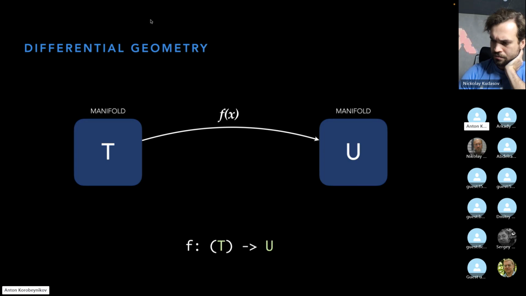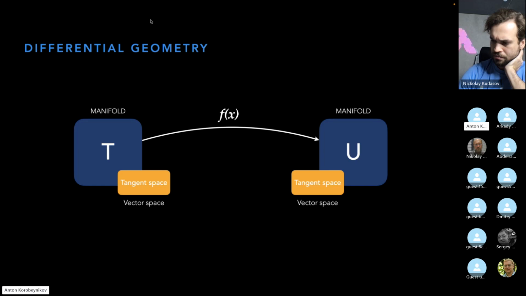We know from differential geometry that in such a case, they will have an associated vector space called the tangent space at each point of this manifold. When we do differentiation at a point, we essentially get a linear approximation at that point between these two tangent spaces.